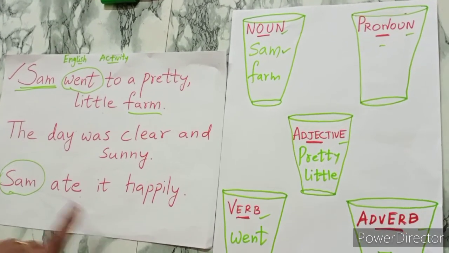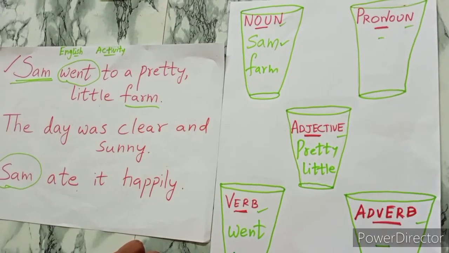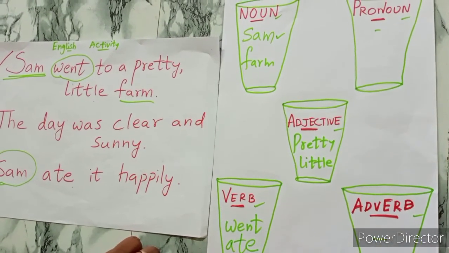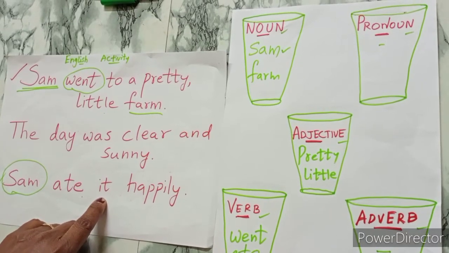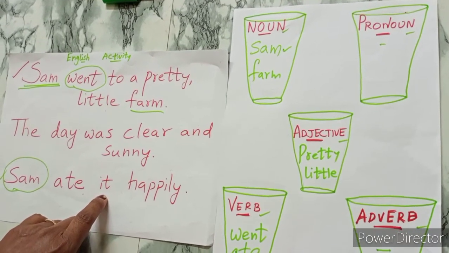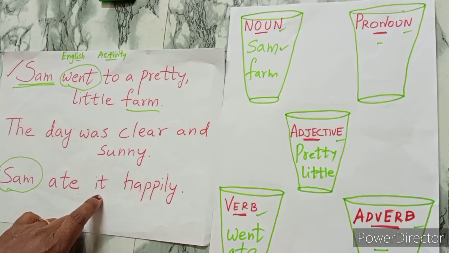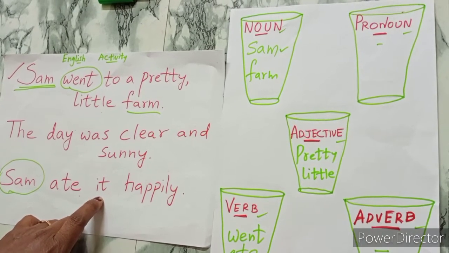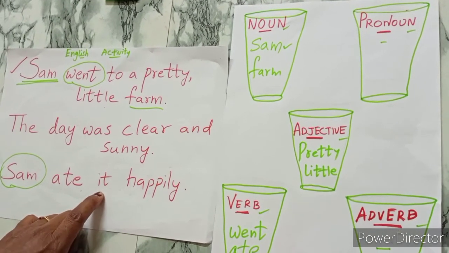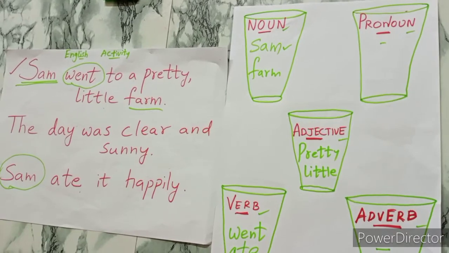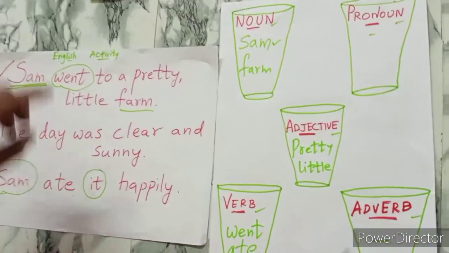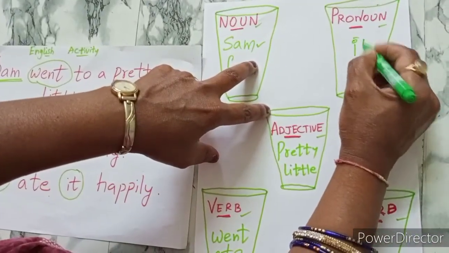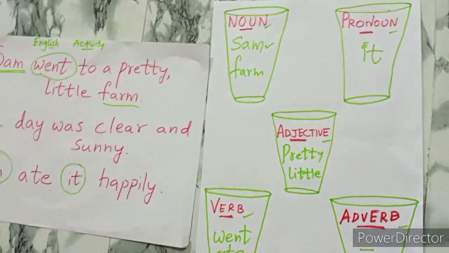Doing word means it goes into the verb glass. Ate. What is it? It may be the cake, it may be the biscuit, or it may be a sandwich, pizza, burger, whatever it is. We are using it in place of a noun. So that is called a pronoun. So we can write it in the pronoun glass.